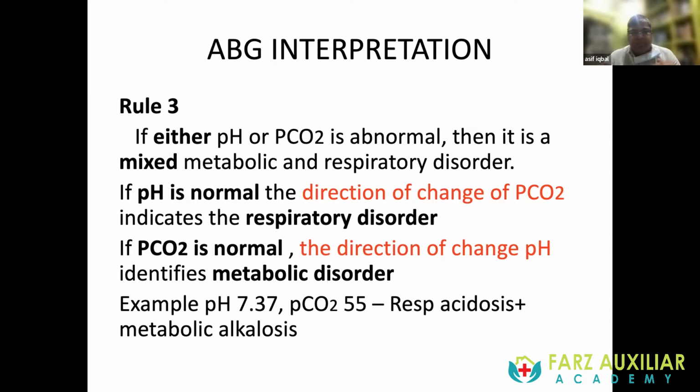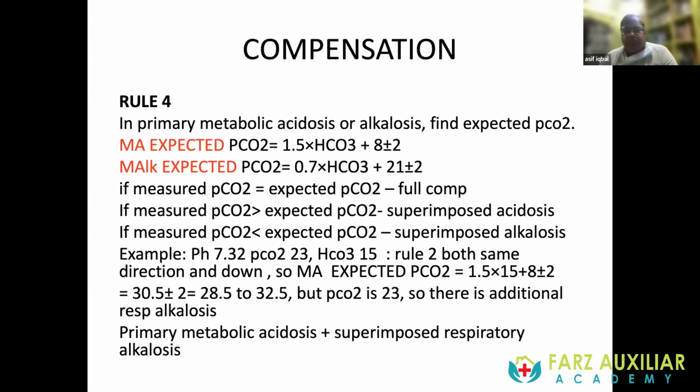Here in rule number 3, if any one is normal and the other is changing, what is changing is the primary disorder, either pH or PaCO2. Now coming to rule number 4.